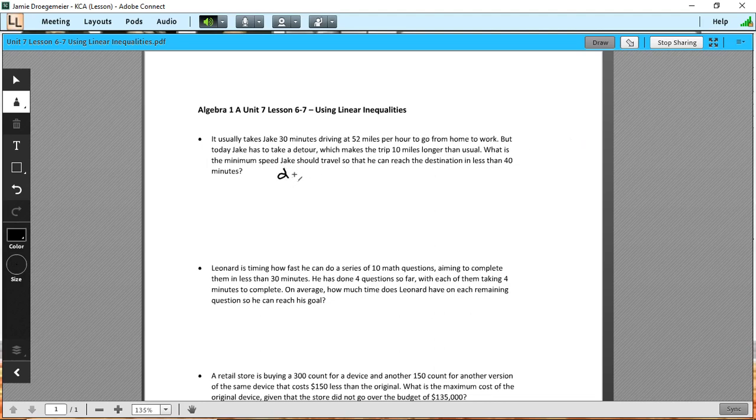This is your basic distance is equal to rate times time problem. If we look at his normal information, we would find that distance by taking his rate, which is 52 miles per hour, times his time.